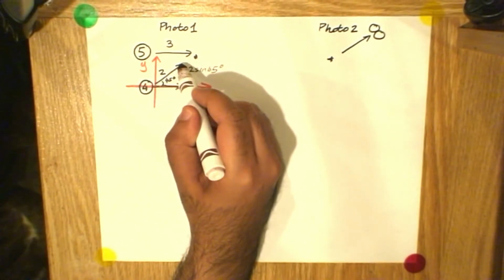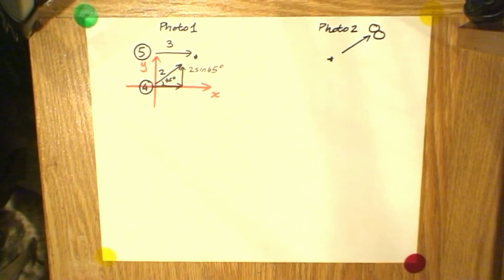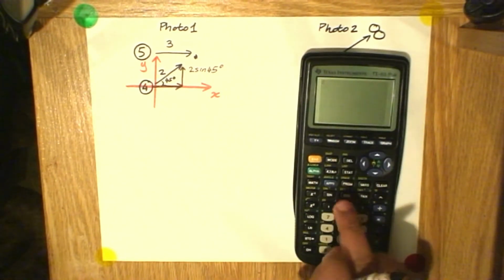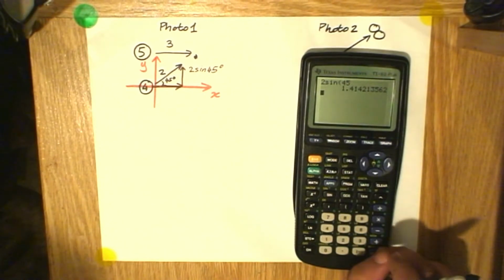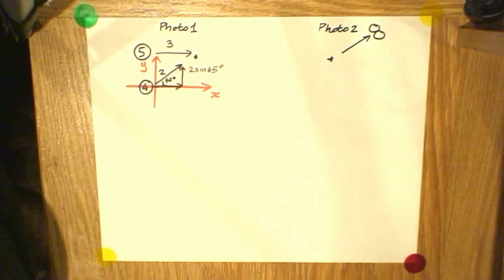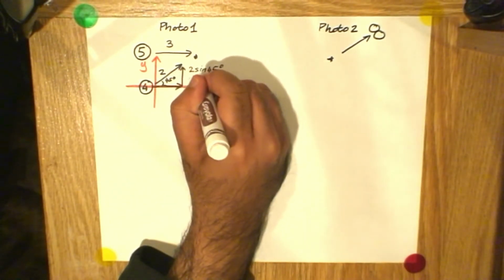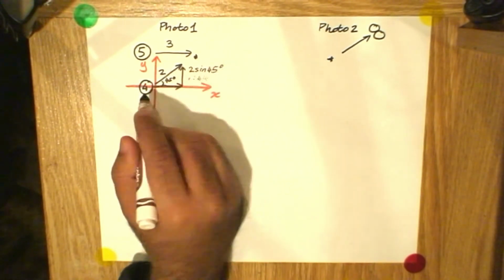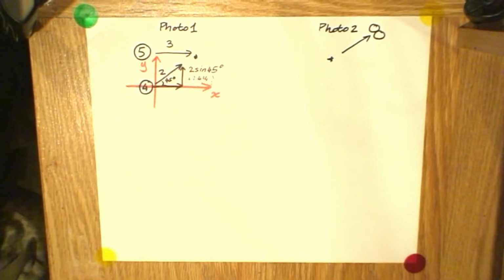The length of the hypotenuse, that's r, multiplied by the sine of this angle. We can check this out. 2 sine 45 is 1.414. So the j component of the motion of this asteroid is 1.414 j hat.